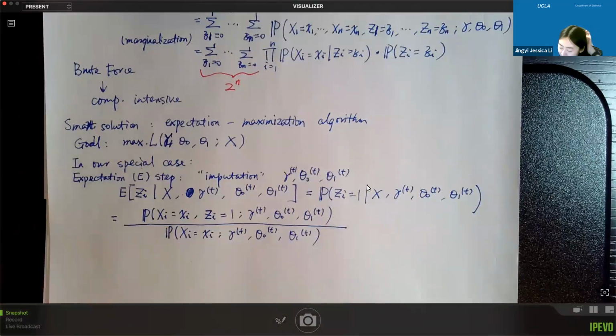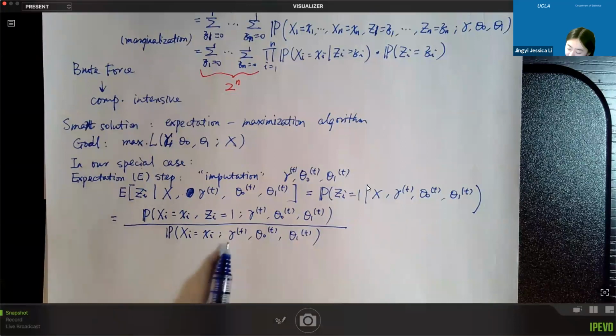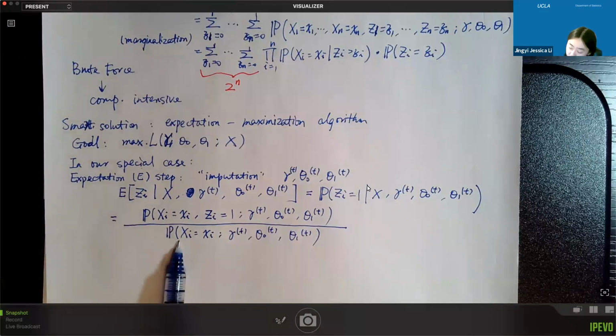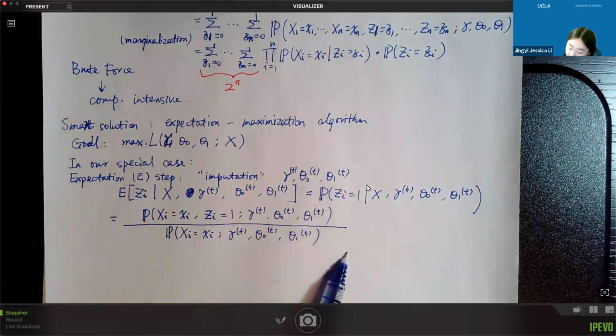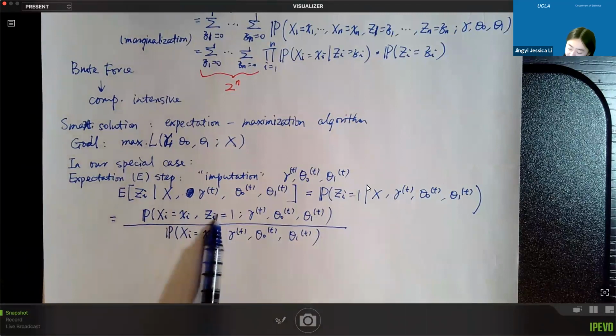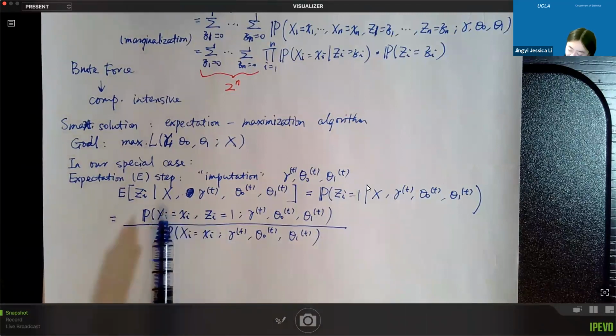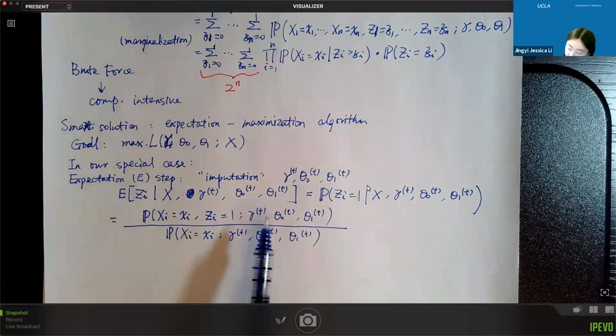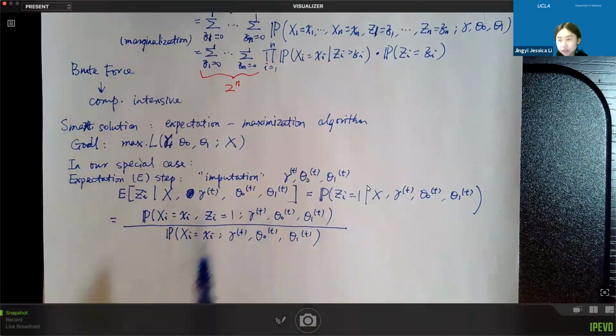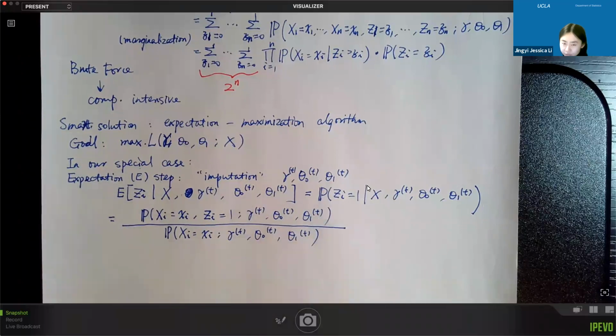Furthermore, I'm going to write the denominator as the summation of the joint probabilities with Zi equals 1 and Zi equals 0. I'm going to have 2 terms. And for each joint probability, I'm going to write it as xi given Zi times the marginal of Zi. That's just based on my model, right? I have Zi first, generated from a Bernoulli, then I generate my xi given Zi.